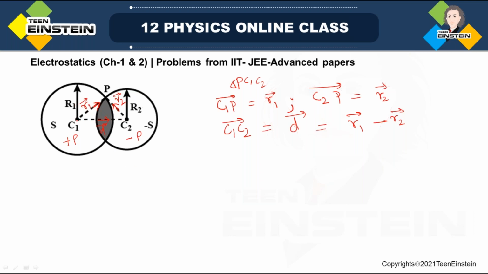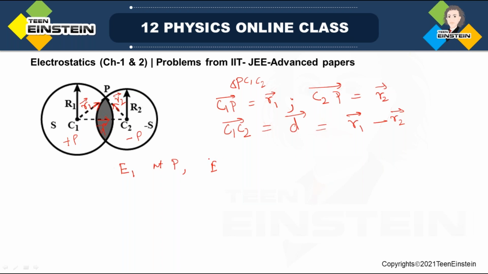So for the charge plus rho, I'm writing E1 at P. How do we write E1?